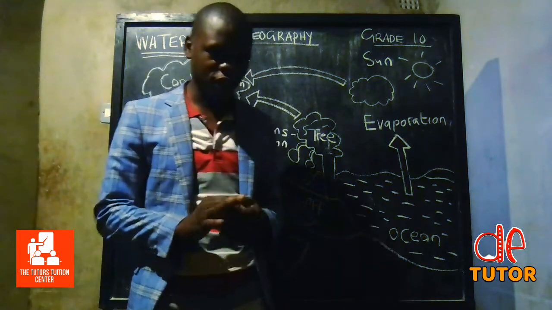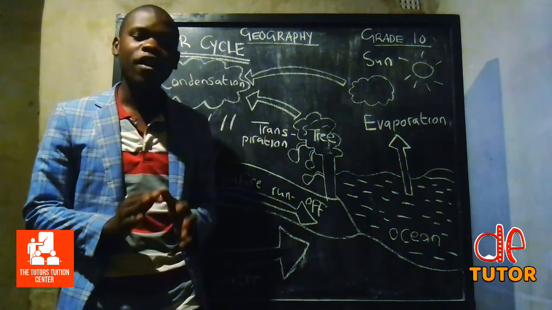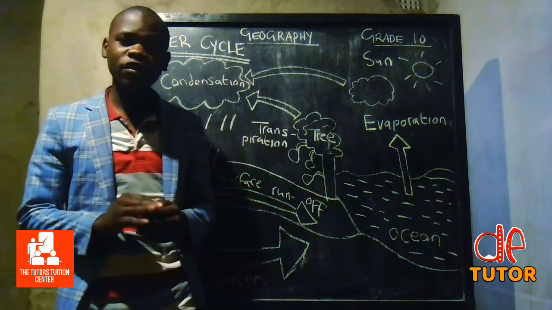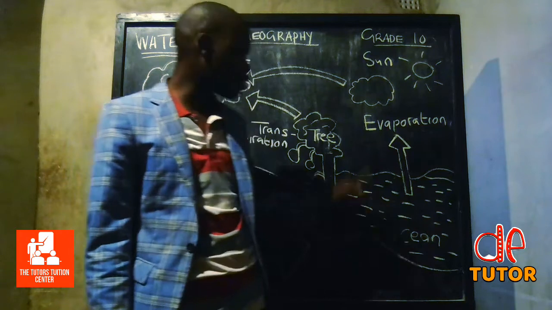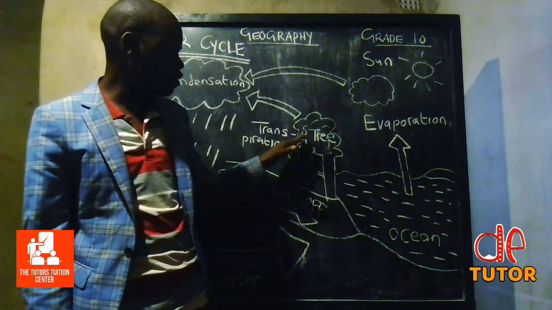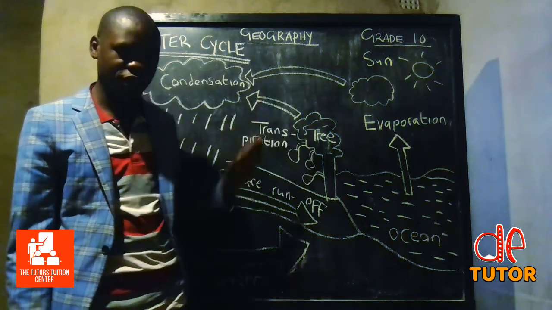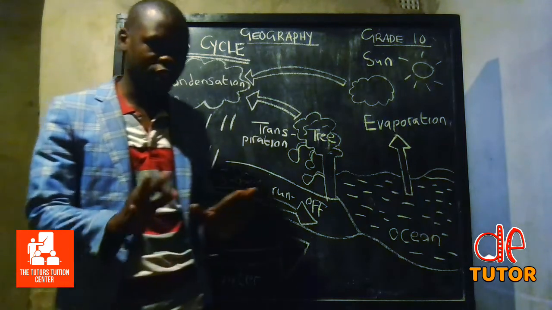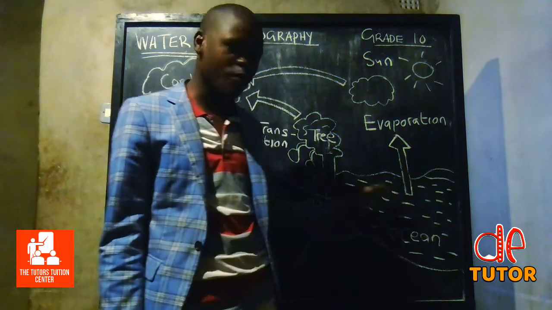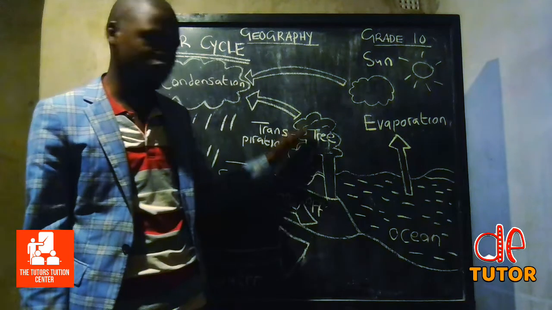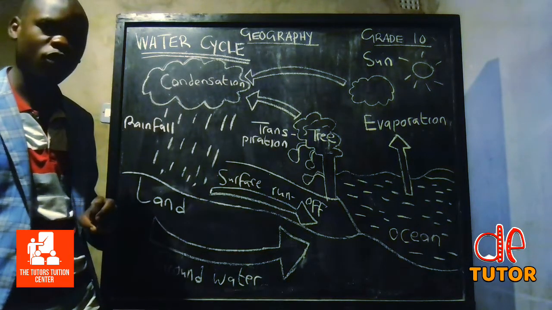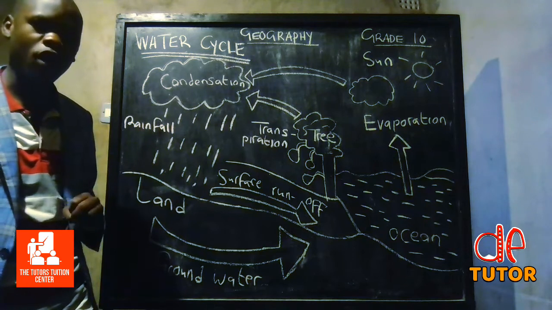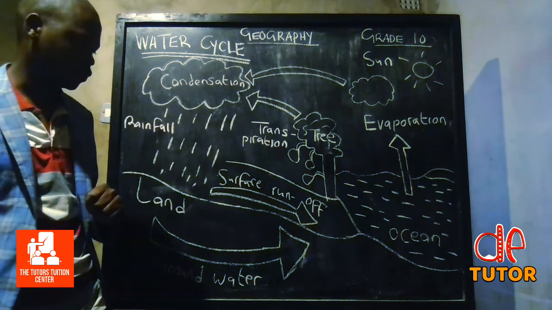This process refers to the continuous movement of water from the water bodies and trees to the atmosphere and back to the land. The transfer of water from the water bodies and the trees to the atmosphere and back to the land is what we call the water cycle or hydrological cycle.